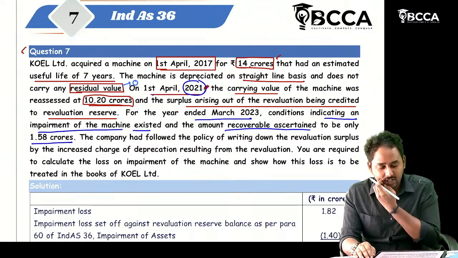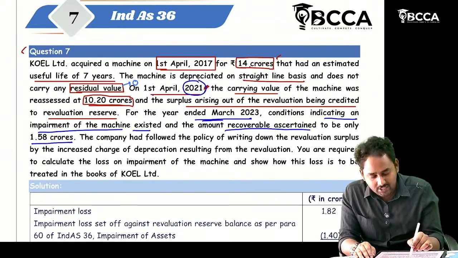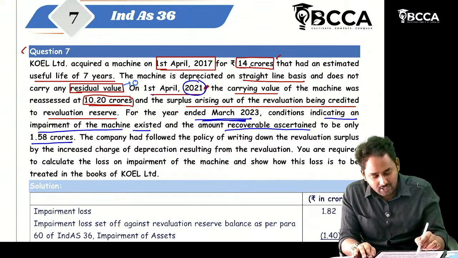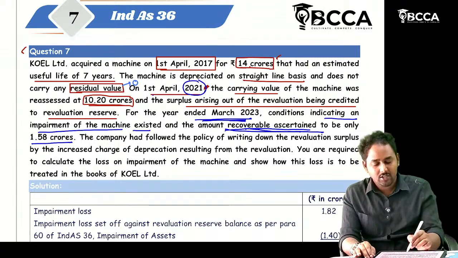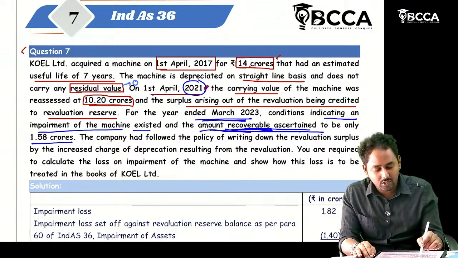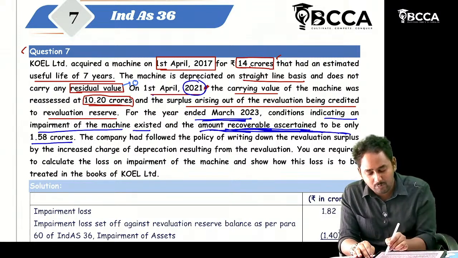What information are they giving? So for the year ended 31st March 23, the recoverable amount is, here are the words, the amount recoverable ascertained to be only 1.58 crores.